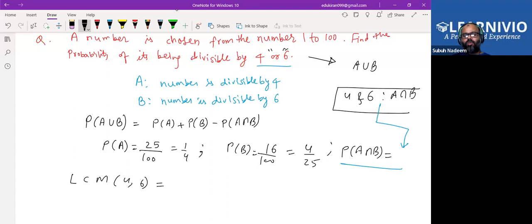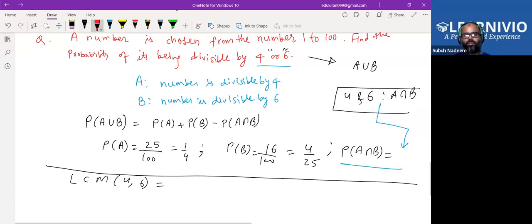So what is the LCM of 4 and 6? 12. So numbers which are divisible by 12 are those numbers which are divisible by 4 as well as 6.